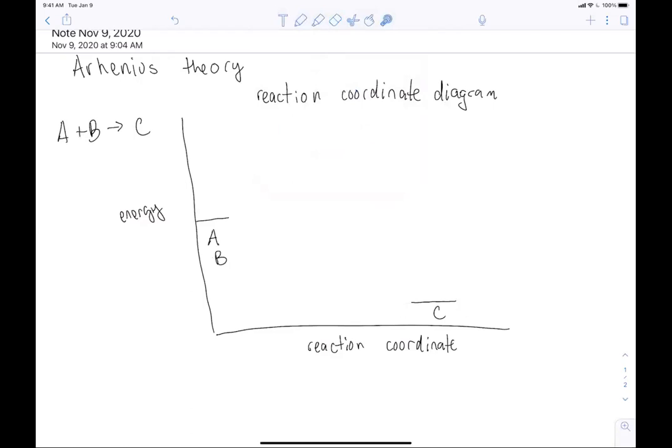We have these two states that we look at thermodynamically. The initial state, which is the reactants, and then the final state of this, which are the products.